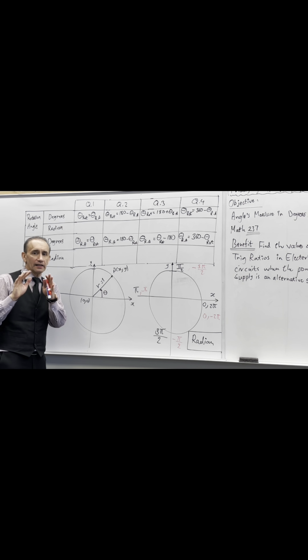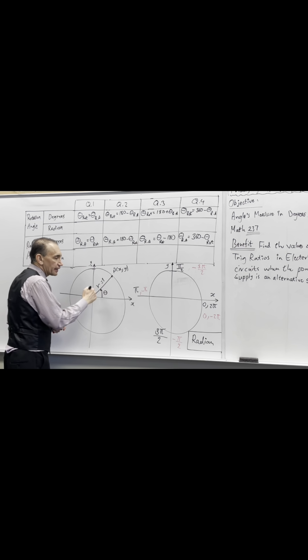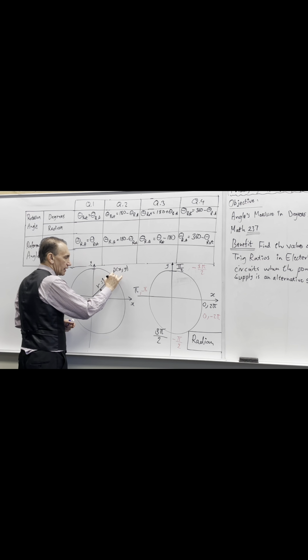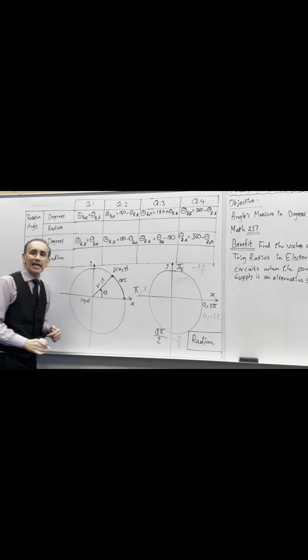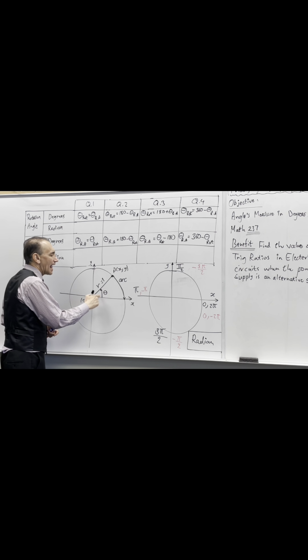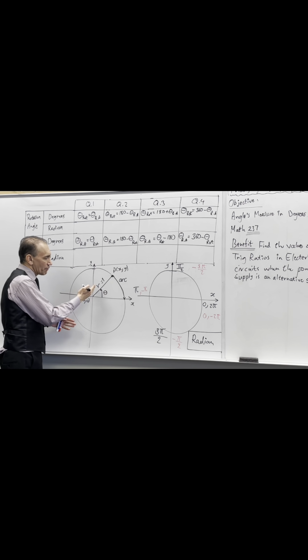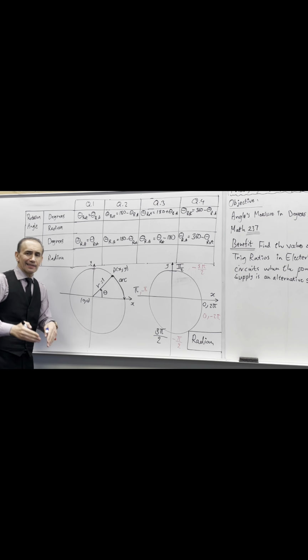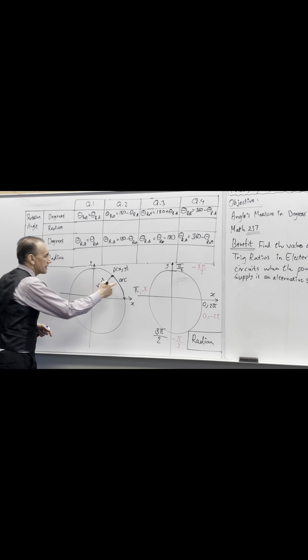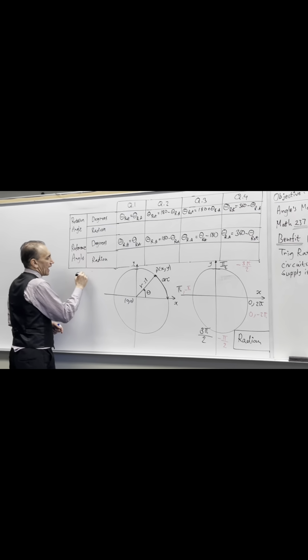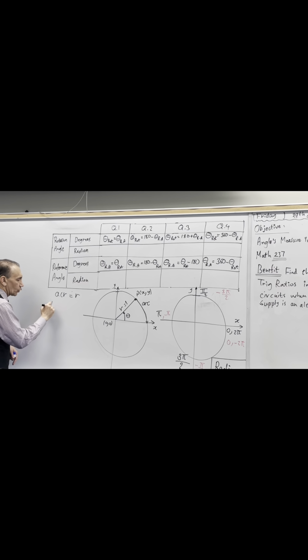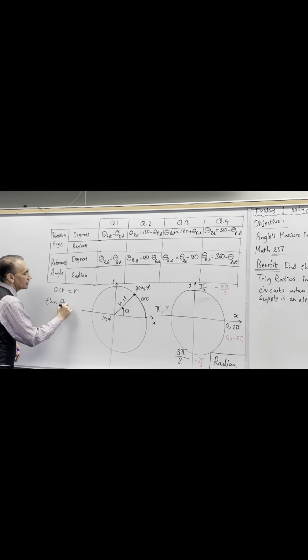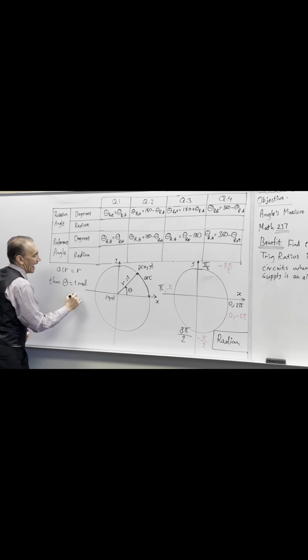Now, the definition of the radian angle is, if the angle theta is facing an arc, here's the arc, and the arc has a length of exactly the length of the radius, and it doesn't matter whether the radius length is 1 or more, then theta is 1 radian angle.